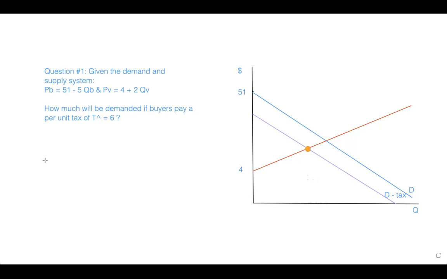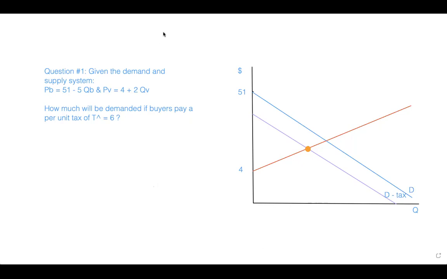Yeah. What I have labeled in orange, I often refer to as the after-tax equilibrium. But I just want to point out that something interesting happens here.